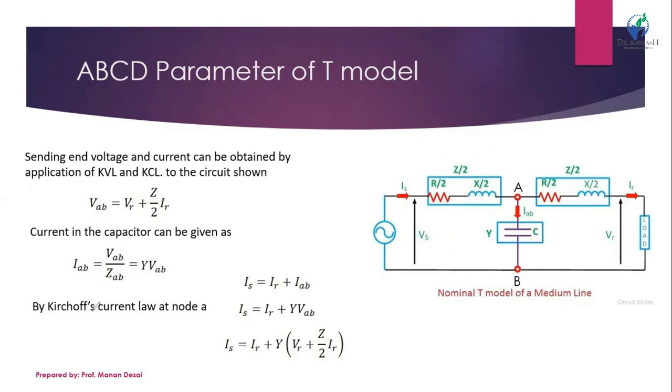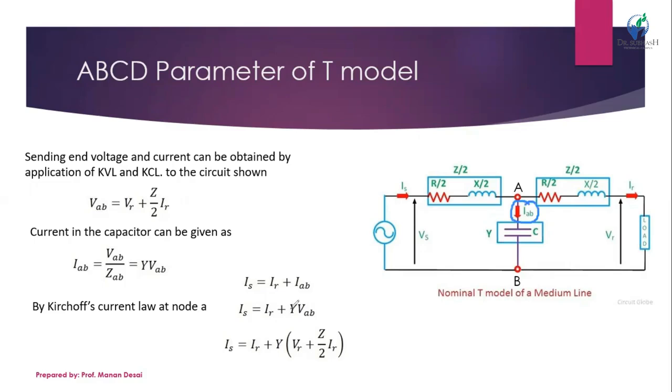Now by Kirchhoff's current law at node A, we get IS, the sending end current. So IS is equal to IR plus IAB.